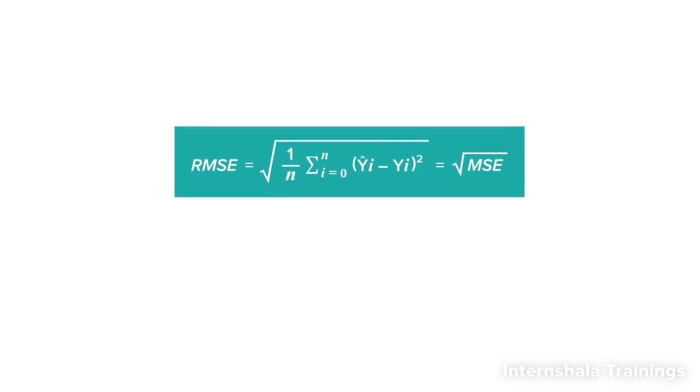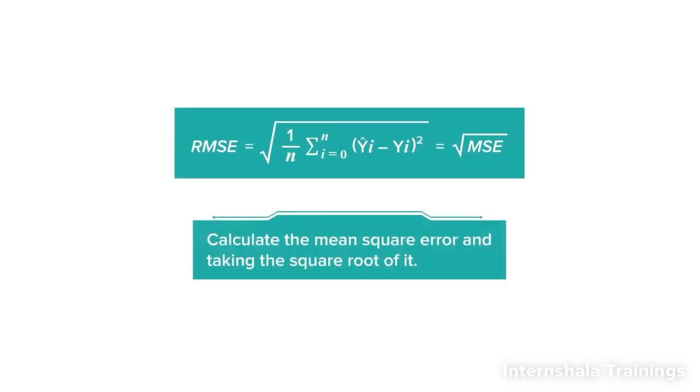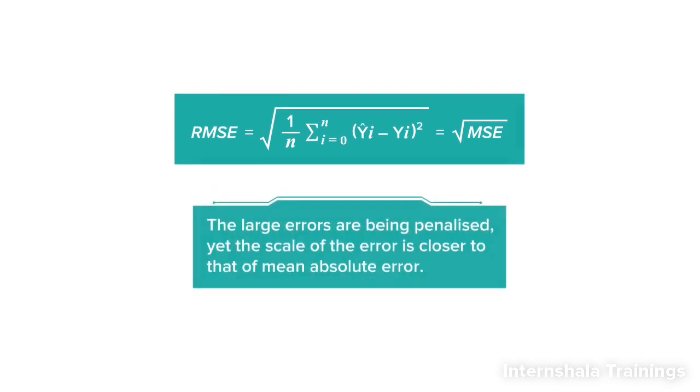In RMSE, we are essentially calculating the mean square error and taking the square root of it. As a result, the large errors are being penalized, yet the scale of the error is closer to that of mean absolute error.